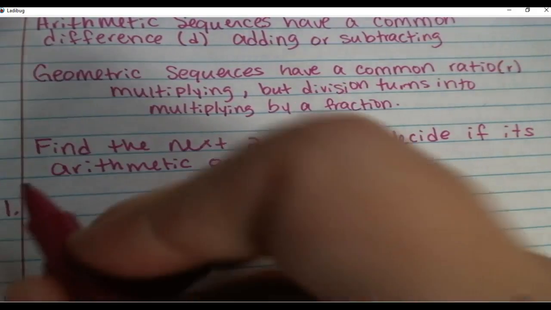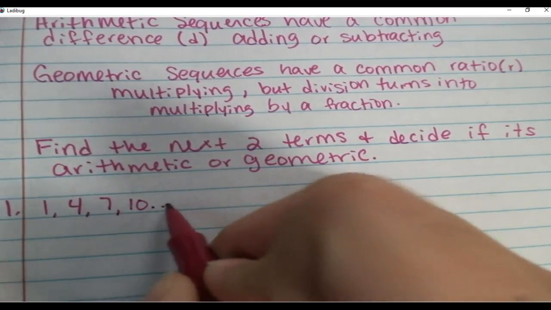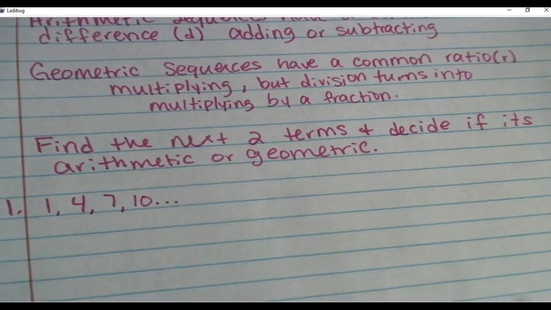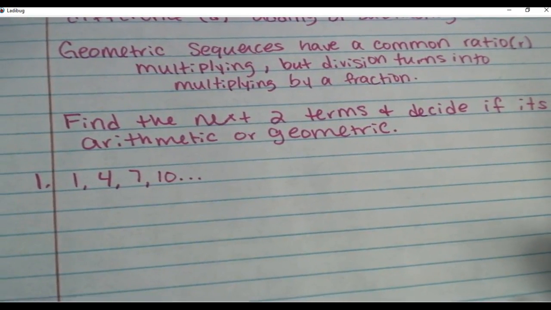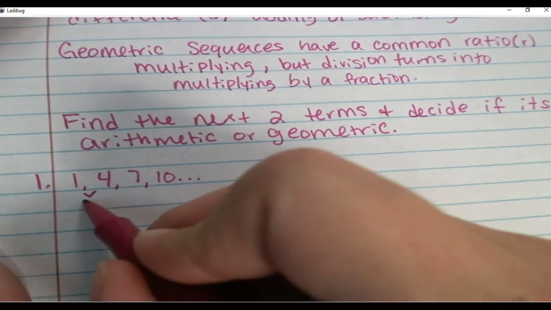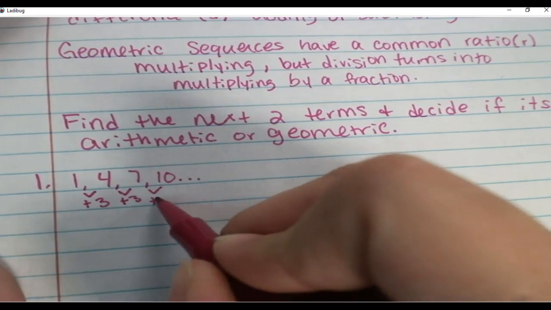So our first one is 1, 4, 7, 10, etc. So what's happening each time? To get from 1 to 4, we add 3. 4 to 7, we add 3. 7 to 10, we add 3.